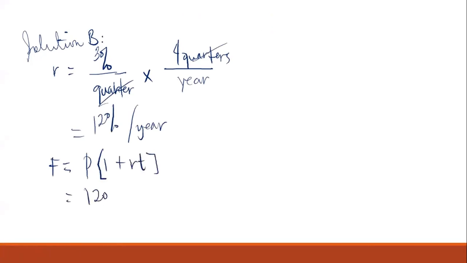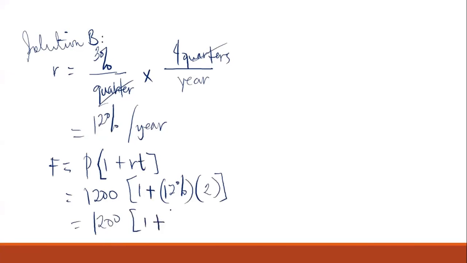Okay? So, yung maturity value natin, so 1,200 times 1 plus 12% times yung term na 2 years. Okay? So, this is equal to 1,200 times 1 plus, so convert natin yung dito sa decimal. Always na-convert yung rate natin into decimal.